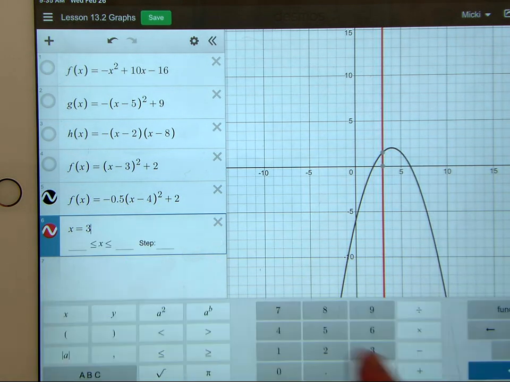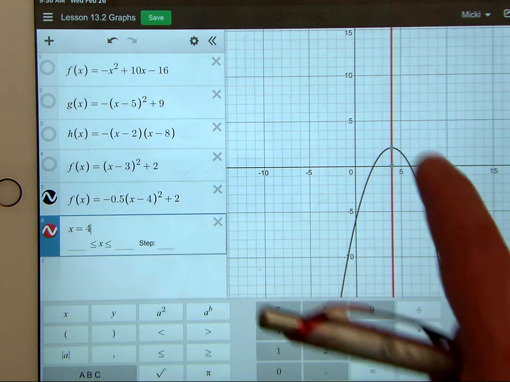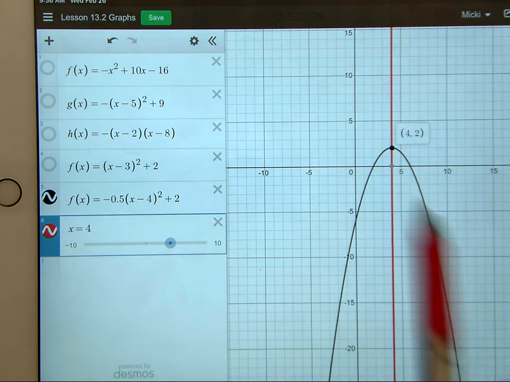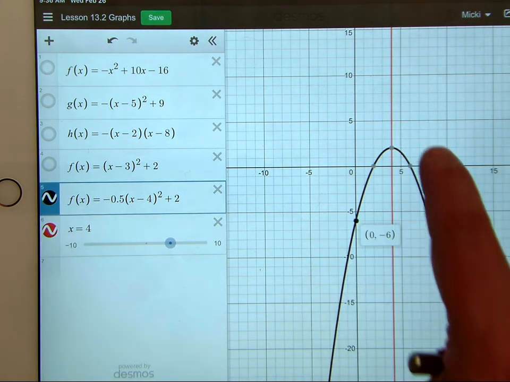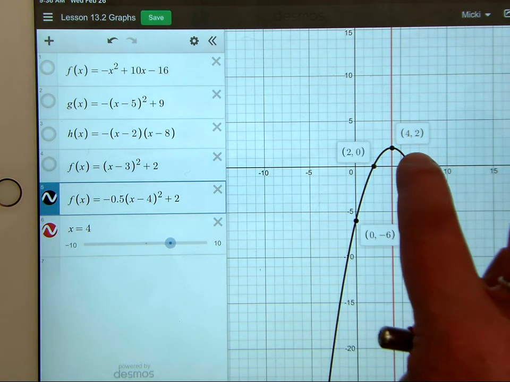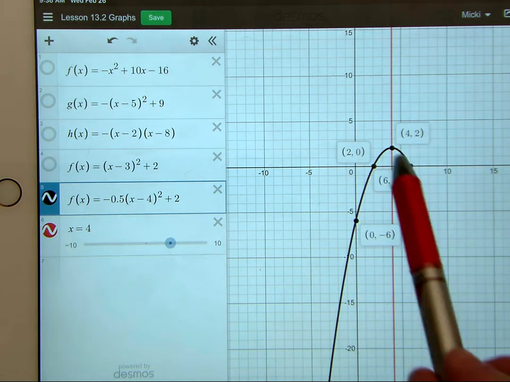So I would want to change that to 4. How do I do that? I have to delete, but I went the wrong way. Okay, delete and write x equals 4. And by the way, even if you just hover and click, you can actually see they will usually highlight for you some of the key points. So there's your x-intercepts, there's your y-intercept, and there's your vertex.